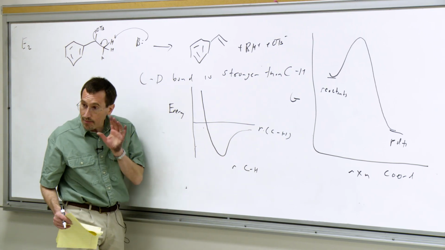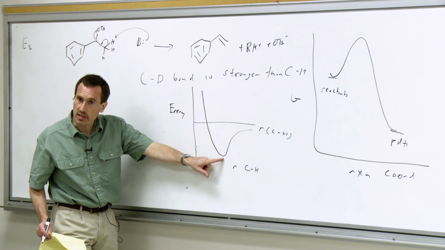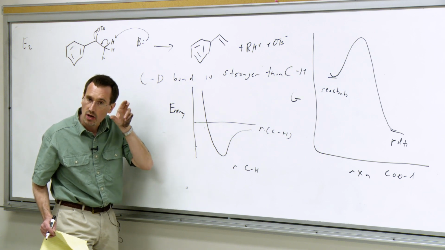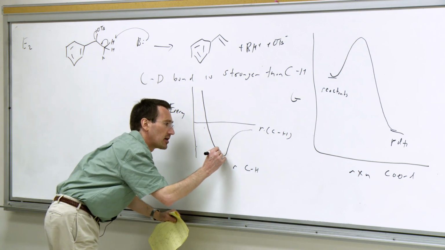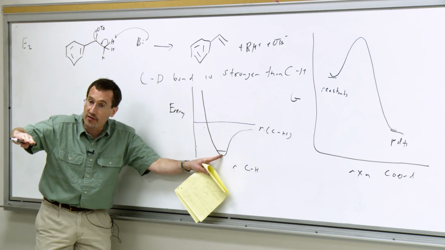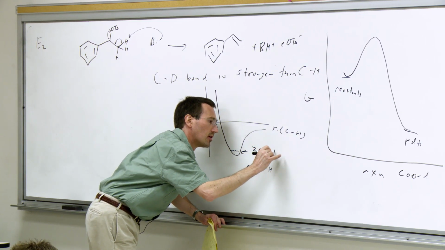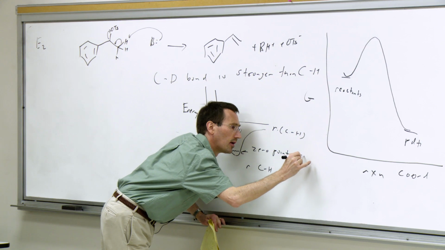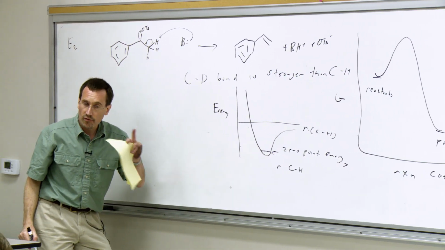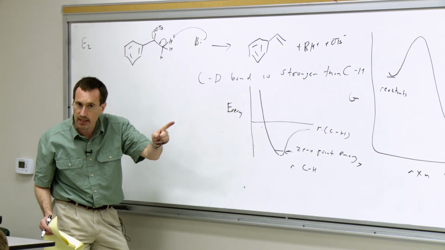Okay, now you'll remember, if you've had P-Chem, that your energy is quantized. In other words, you are in a quantum harmonic oscillator, where even at the lowest energy state, even at the ground vibrational state, you have what's called zero-point energy. And the zero-point energy is lower for deuterium because of the reduced mass of a CD bond versus a CH bond.